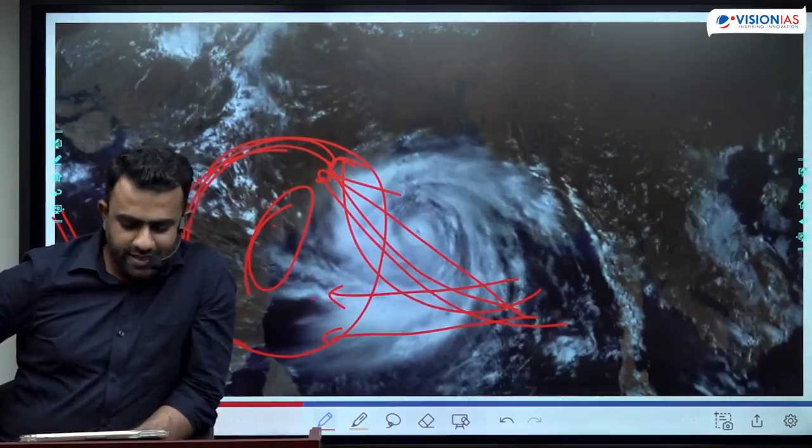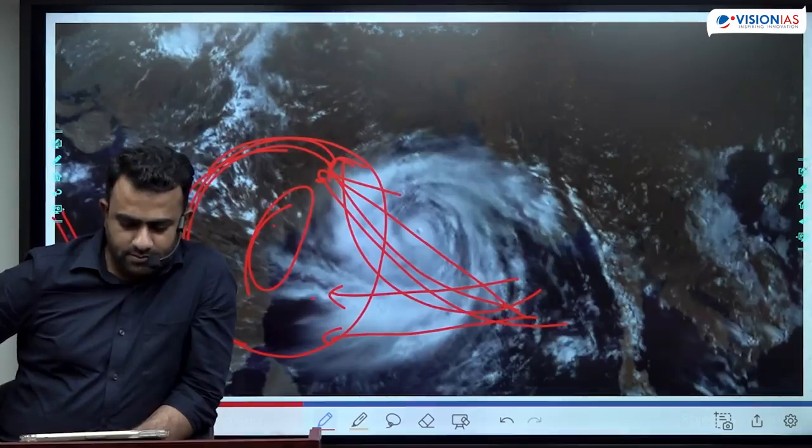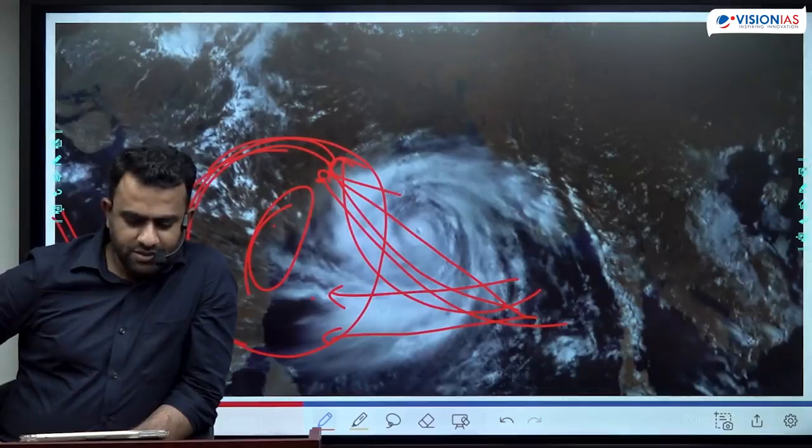Next point. The lateral winds near the surface start to rotate around the low pressure center due to Coriolis force.